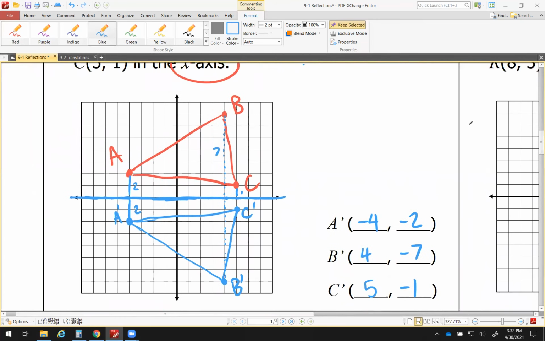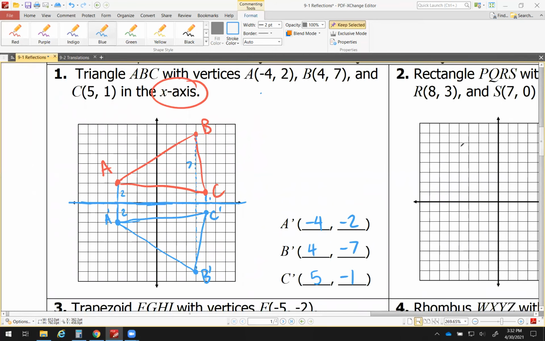Okay. And if you notice, the points A and A prime here, they only differ by a sign on the y coordinate, right? Think about flipping something from the positive side of the x-axis to its exact position, but on the negative side. All of those y values are going to be exactly the same, but they're going to be negative.